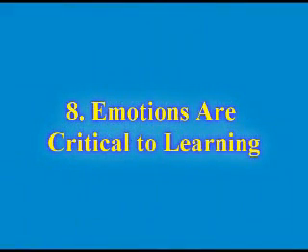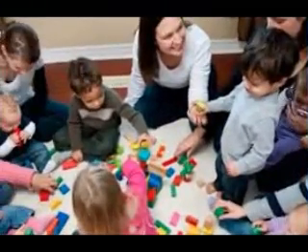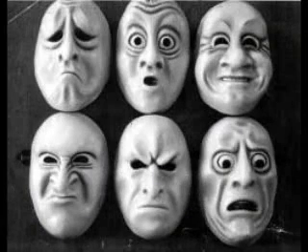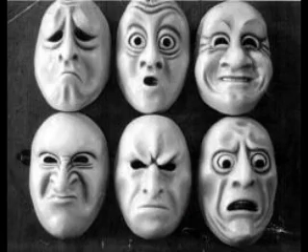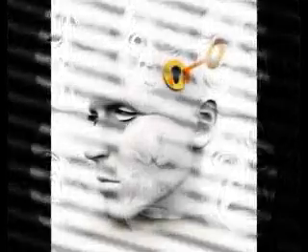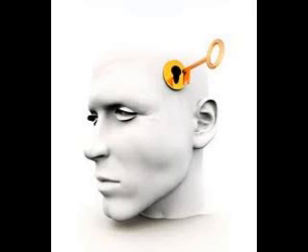Number 8. Emotions are critical to learning. Cognition and emotion interact. Neuroscience now shows that emotion is involved in every thought, decision, and response. Powerful learning is enhanced by rich emotional experience, guided and moderated by higher order functions.